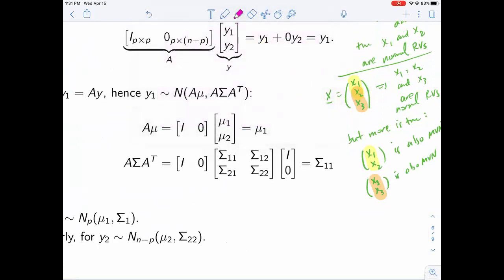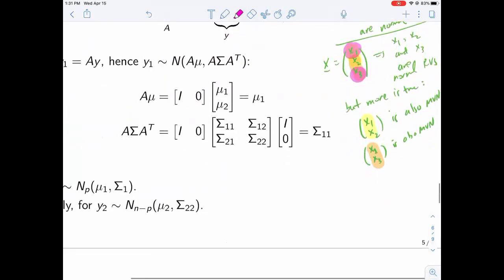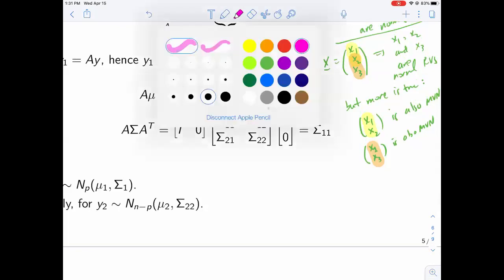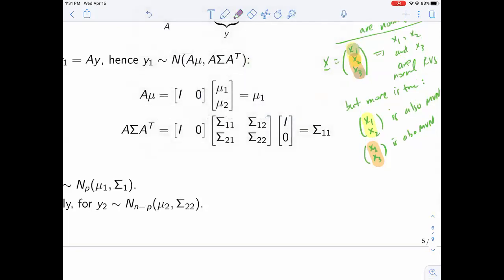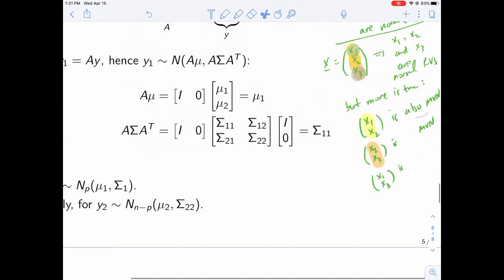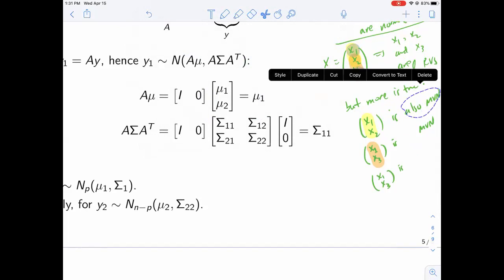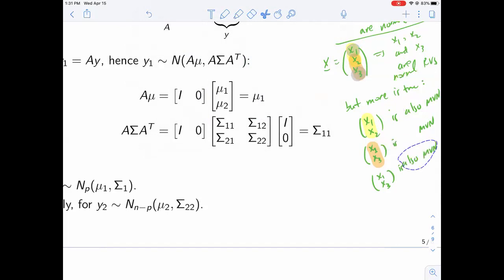Even more interestingly, this piece here is also MVN. So X1, X3, this is another marginal. This is also MVN.